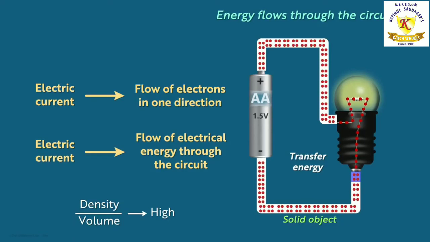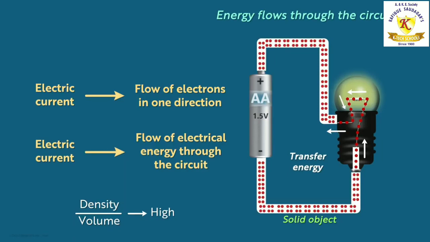The electrons in a copper wire transfer this energy to the electrons in the metal rod connected to one of the terminals. This energy then flows through the rods, through the filament and out from the second terminal.